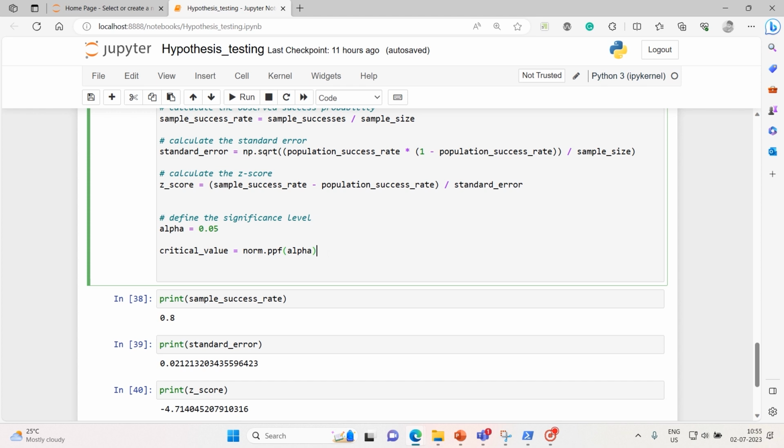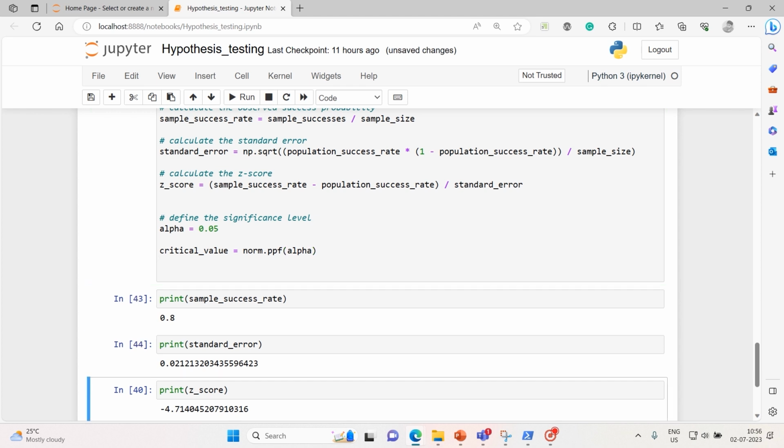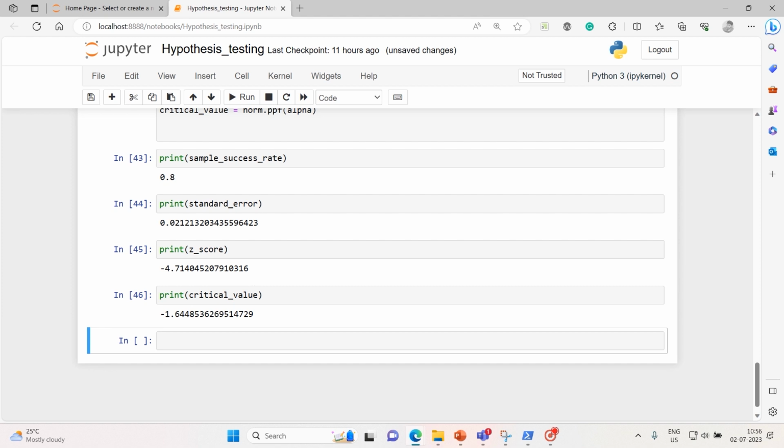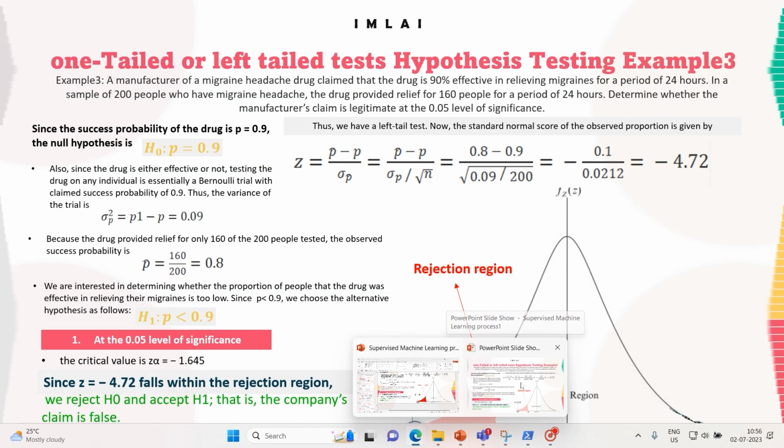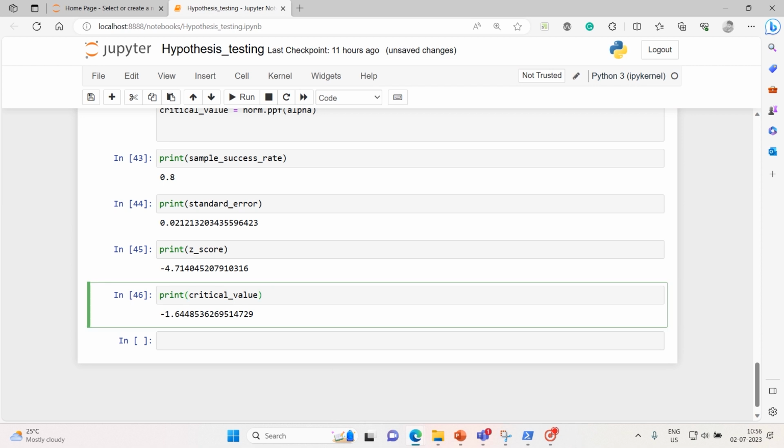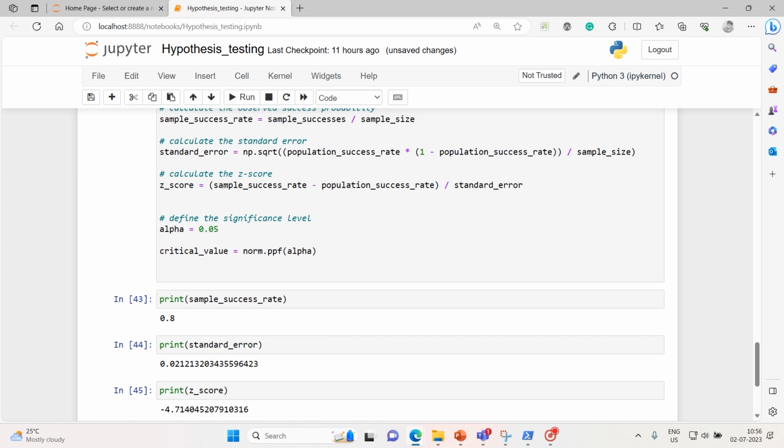So we have calculated the critical value, which is minus 1.645. Now we are going to test it in two ways.